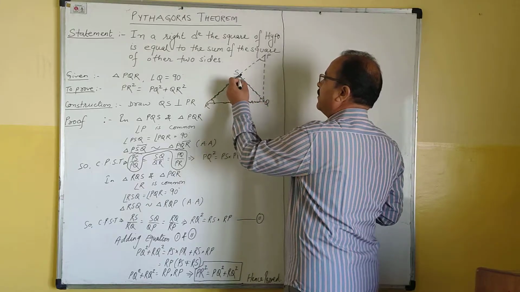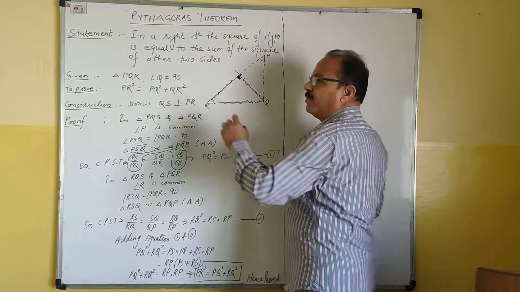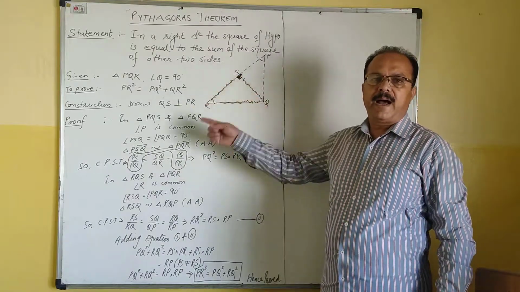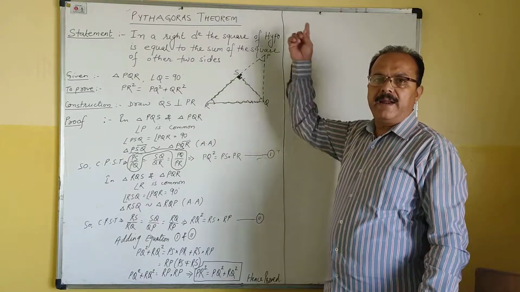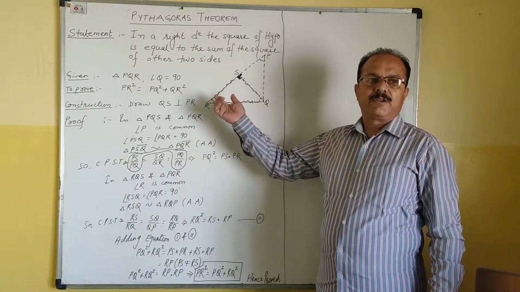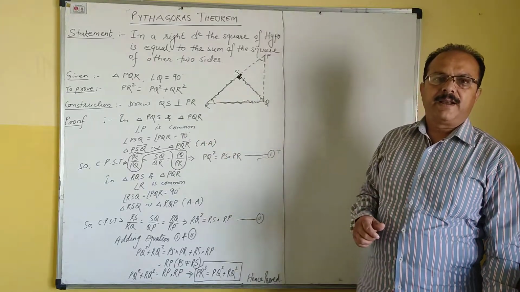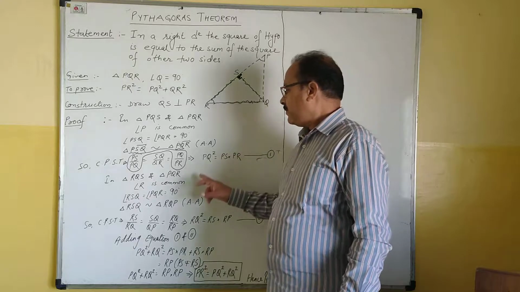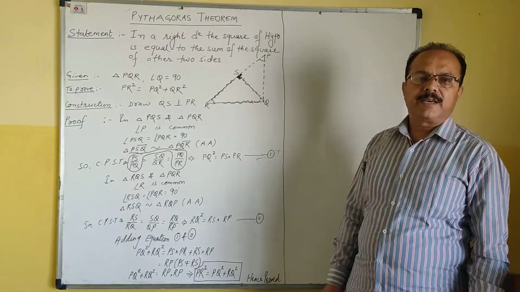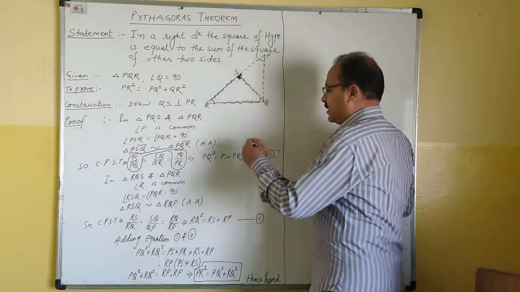Now the angles of 90 degrees: RSQ in the small triangle is 90 degrees, and in the big triangle, angle Q, that is angle PQR, is 90 degrees. So for the same reason, again by using CPST, corresponding parts of similar triangles, we will get one more result.